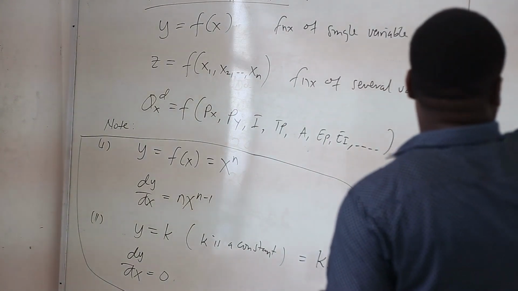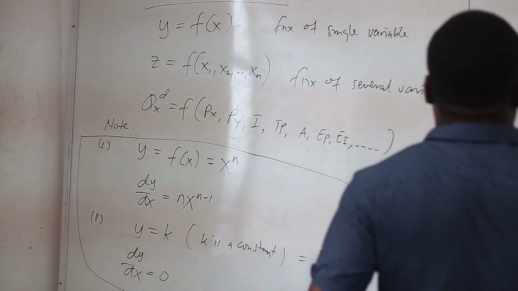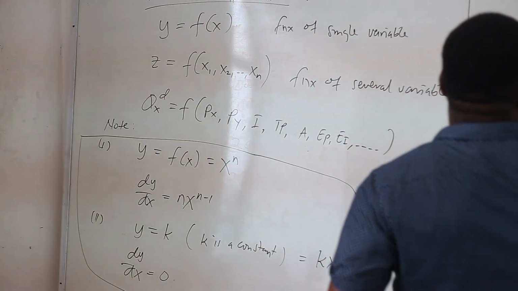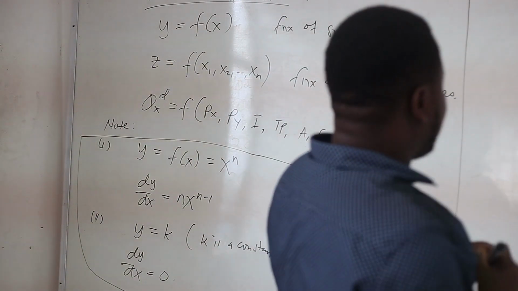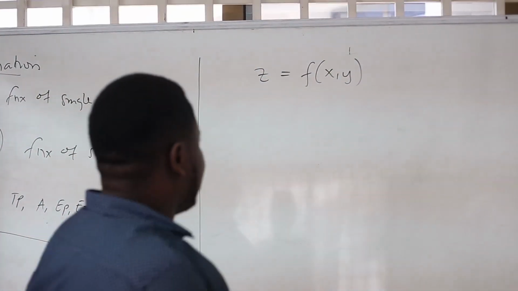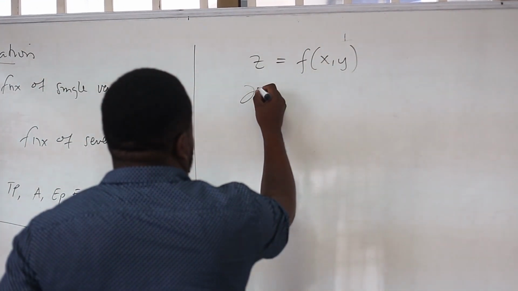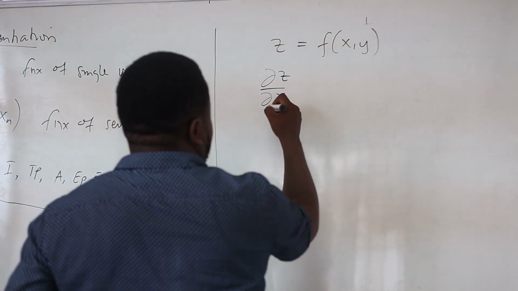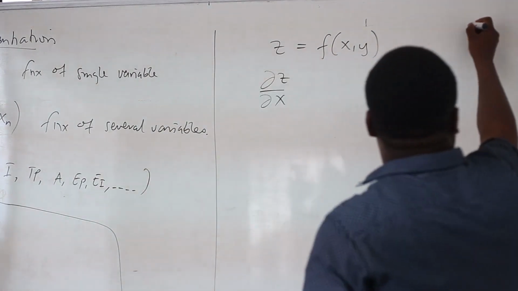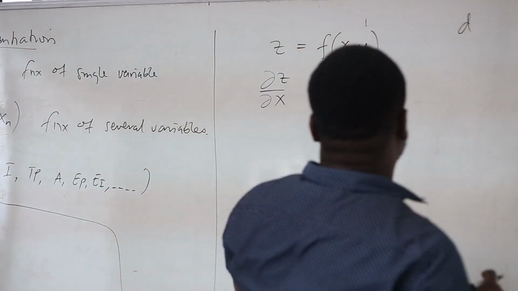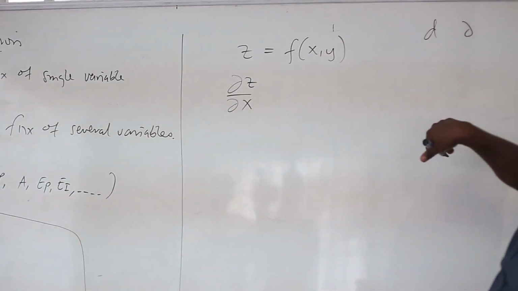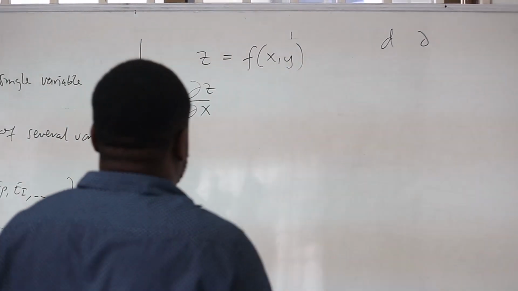Suppose in partial differentiation you have z is equal to f of x, y. If you want to find how changes in x affect z, write dz dx. So this is what we call partial differentiation. This is not like the total differentiation we did last week. This d is different; it is like an inverted or sideways s.